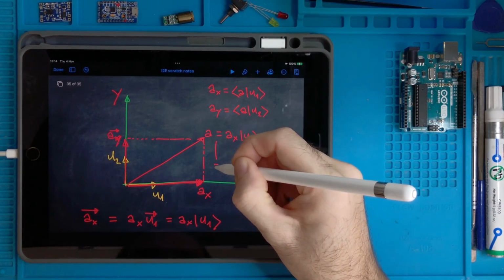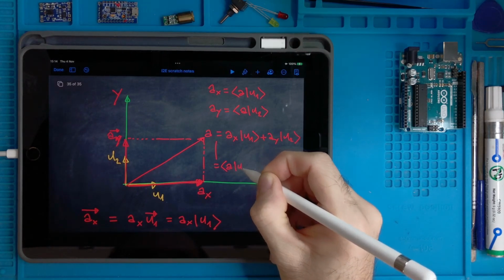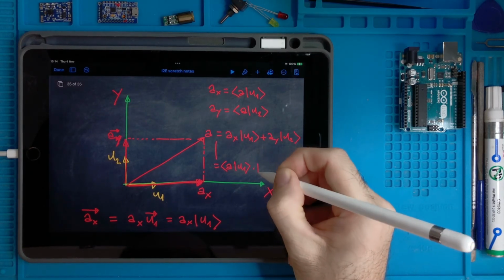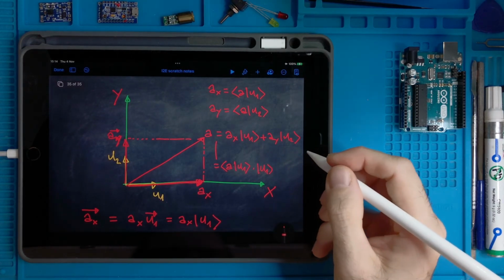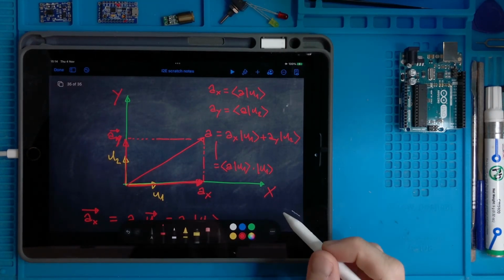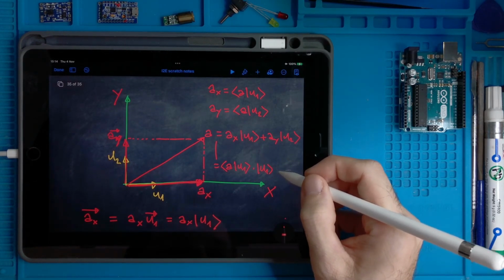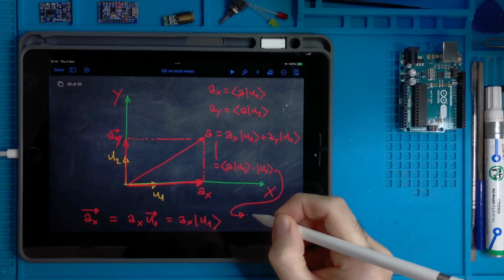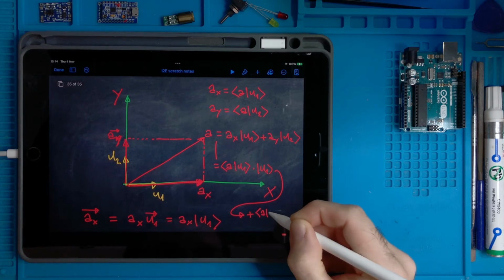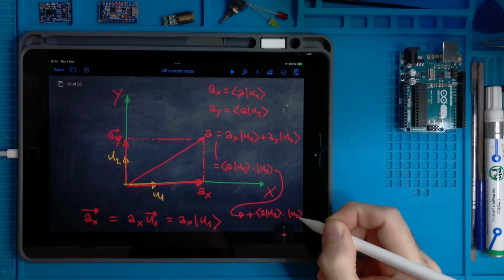And therefore this thing is something like this. It's a number, A1, multiplied by a direction u1. Oops, now I don't have space. I continue here, plus A2 multiplied by a direction u2.